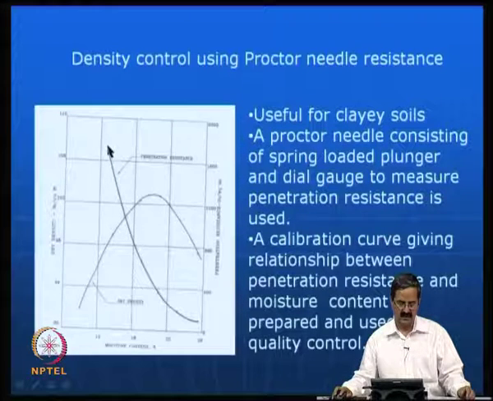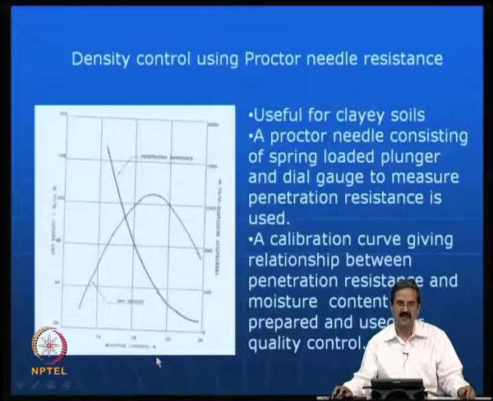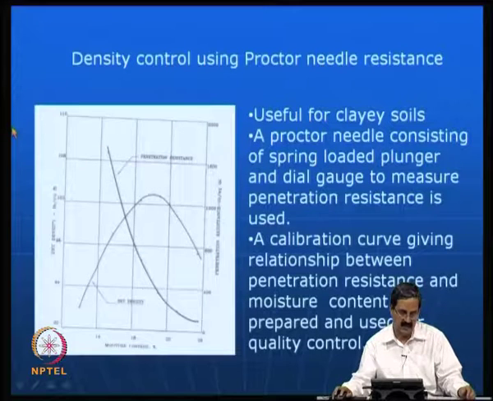Here is the dry density, and its penetration resistance is given in pounds per square inch. Actually, this is a plot of moisture content here, dry density here, and then penetration resistance here.